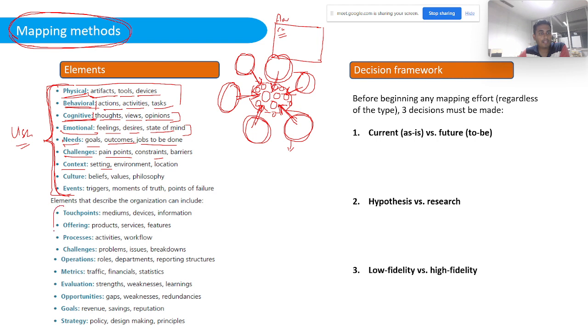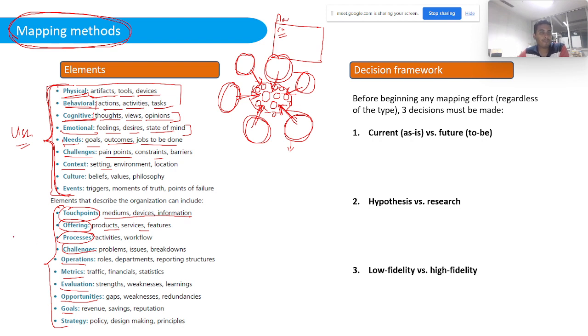Similarly, when we describe an organization, these are the organizational elements. So we try to identify the touch points, then we try to identify offerings like products, services. Then we try to identify processes, challenges, operations, metrics, evaluation, opportunities, goals, strategies.